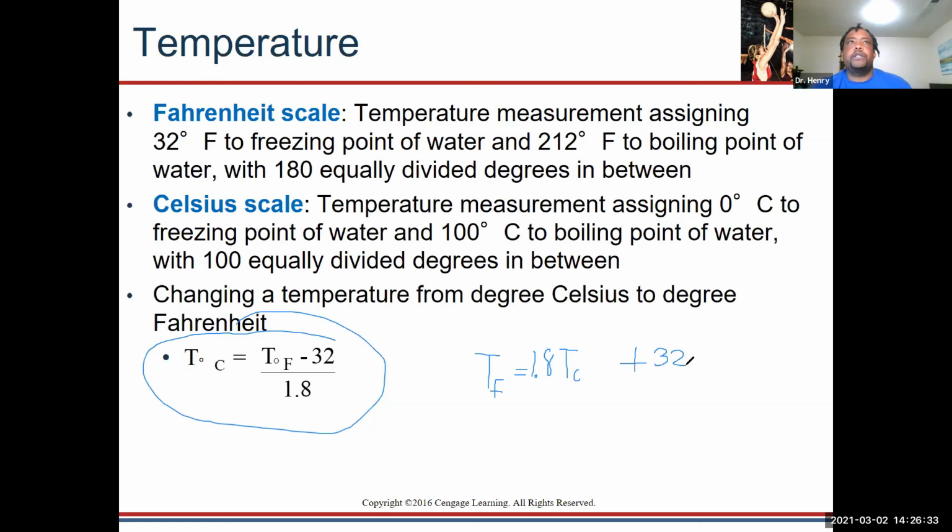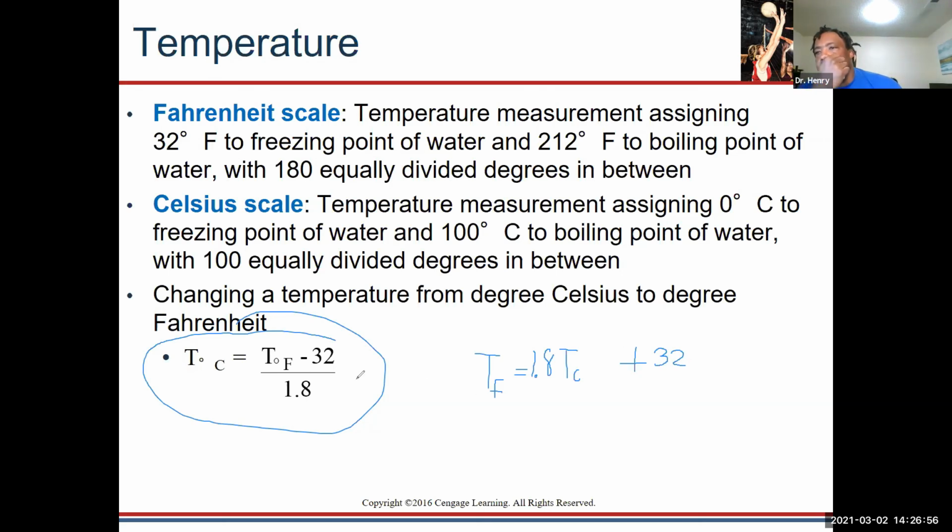This will change Celsius into Fahrenheit. The way that I always remember this is because I know that 100 degrees Celsius is the temperature that water boils at, which happens to be 212 degrees Fahrenheit. So I always check my answer by doing that.